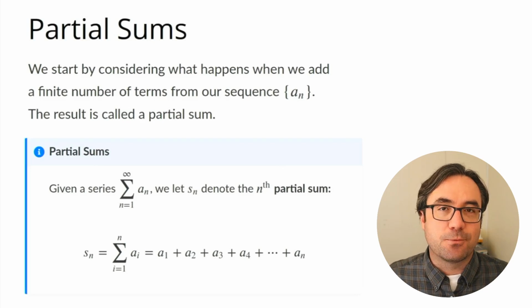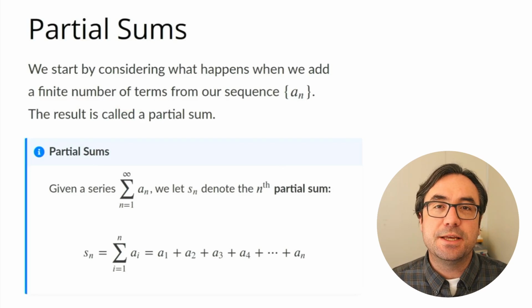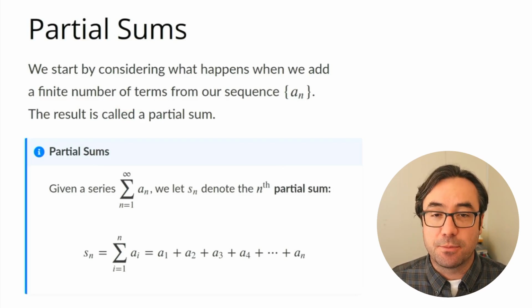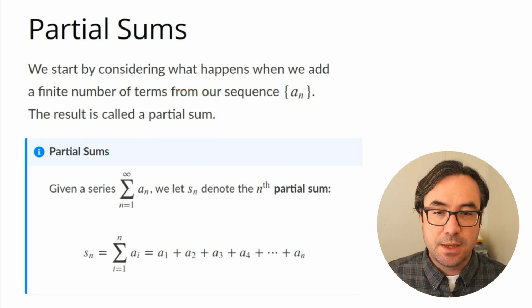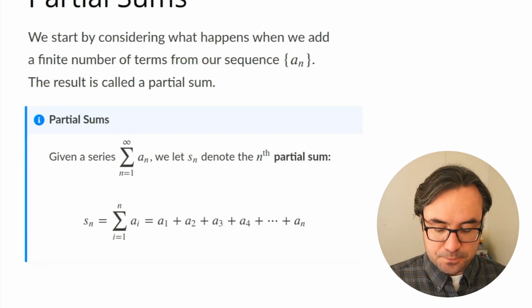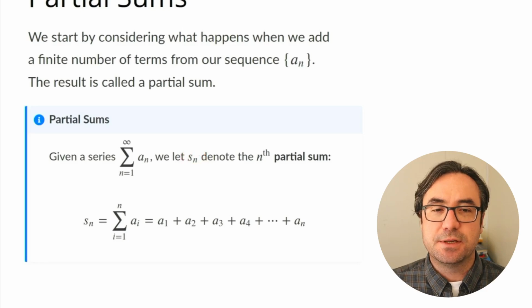Well, we can't really do that. So what we're going to do is add up a finite number of terms. And this result is called a partial sum. We're going to call these partial sums S sub n. So S sub n is going to denote the nth partial sum.